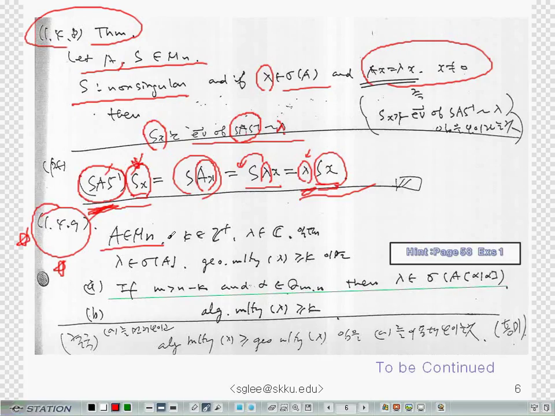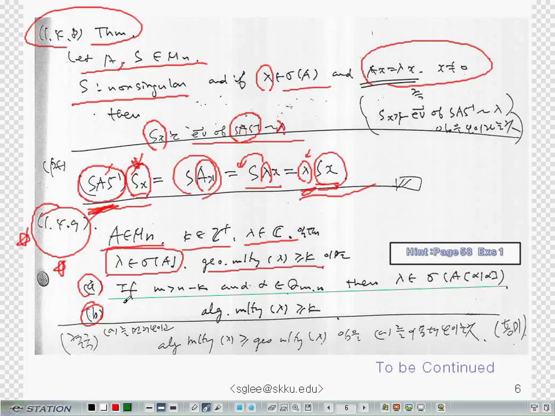Let A be an n by n matrix, k is a positive integer, and lambda is a scalar. Let lambda be an eigenvalue of A, and the geometric multiplicity of lambda is greater than or equal to k. Then we have the following two facts.